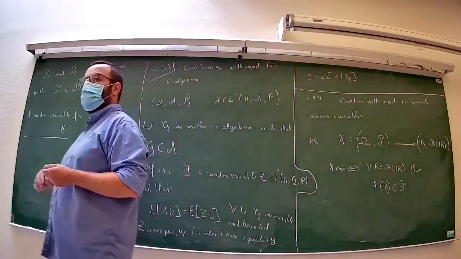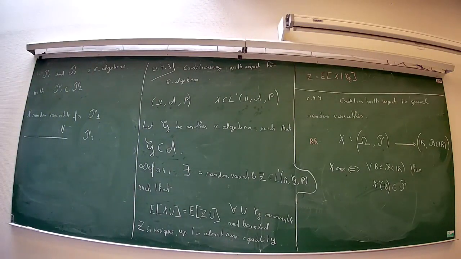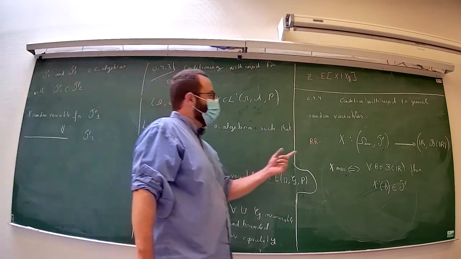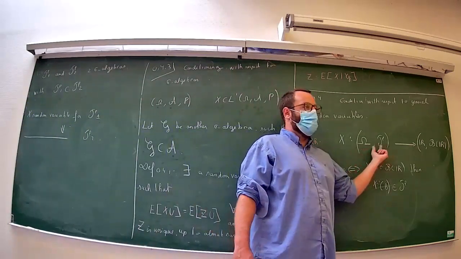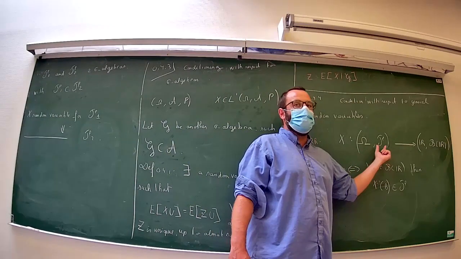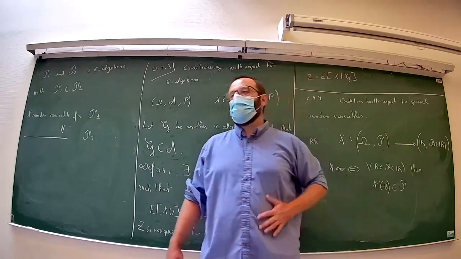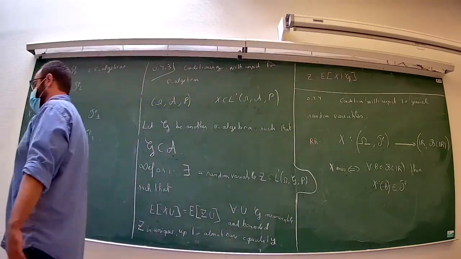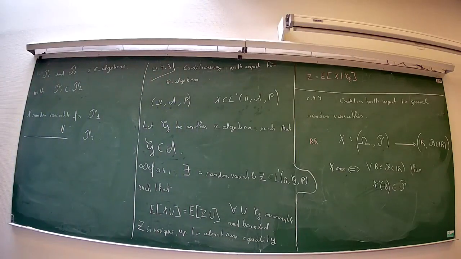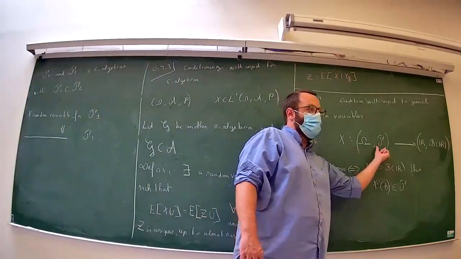Something that is in the beginning of the lecture notes, and that you have probably seen before, is that I can equip omega with a sigma algebra that is minimal, in the sense of inclusion, in order to make X a random variable: the smallest possible.